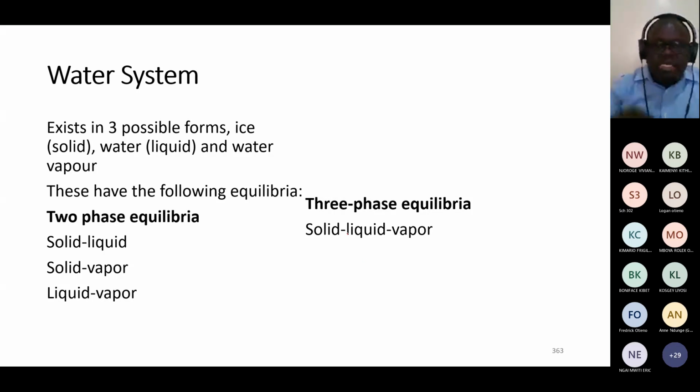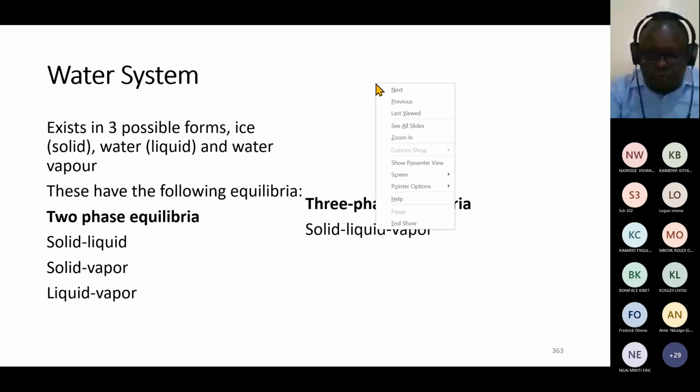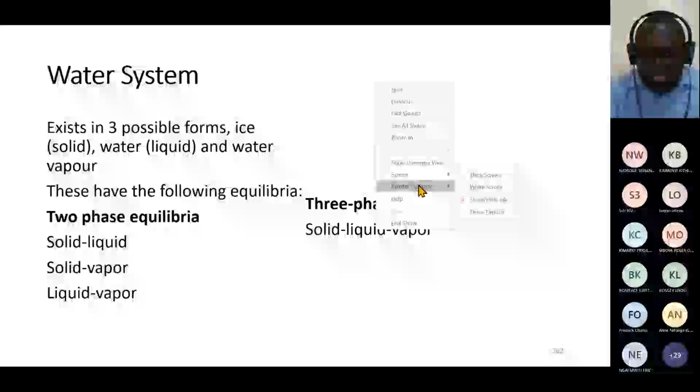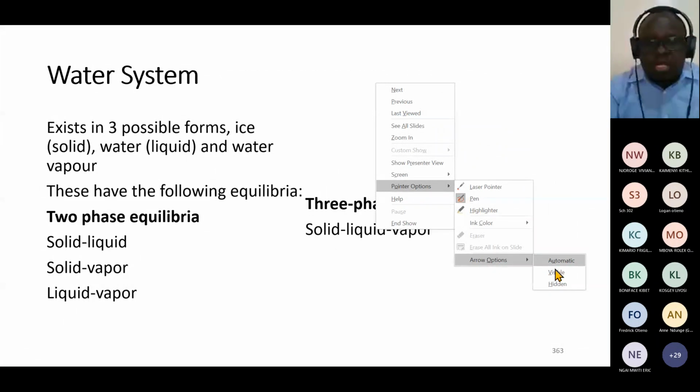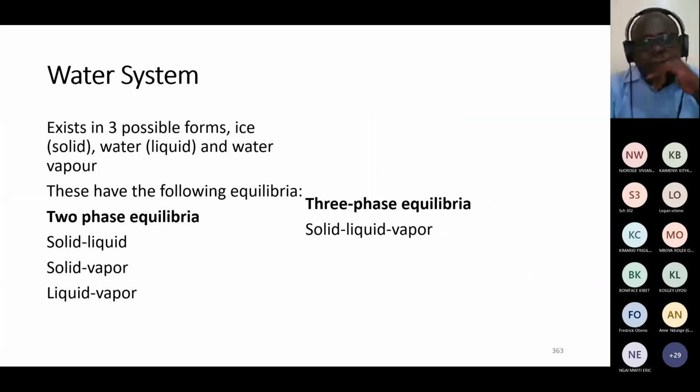Water exists in 3 possible forms. That is ice, which is solid, water, which is the liquid, and water vapor. Now these 3 phases, the following equilibria are possible. We have 2-phase equilibria and we have 3-phase equilibria.